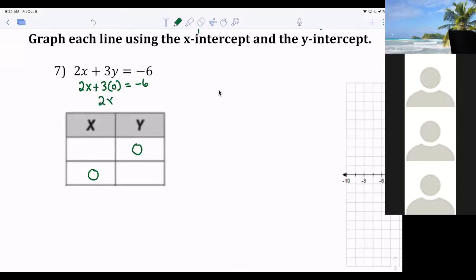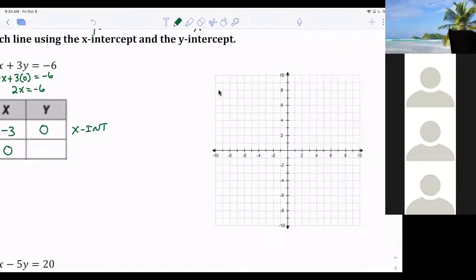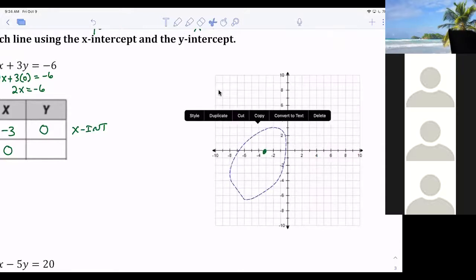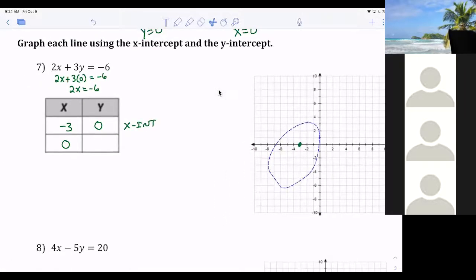And so now I have 2x equals -6. So what's the x value? -3. So this is the x-intercept. So now I want to go to -3, 0, plot that point. -3, 0. Now I'm going to find the y-intercept.